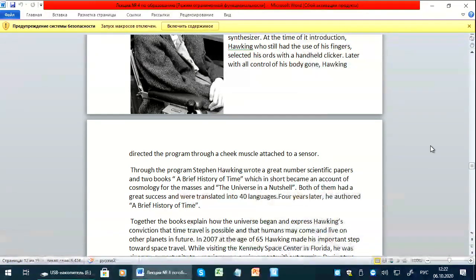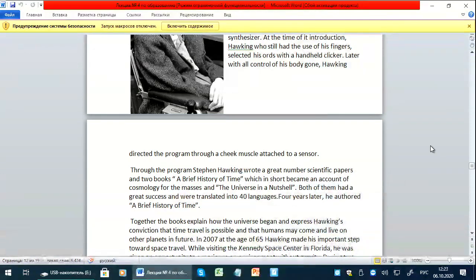The Universe in a Nutshell was also directed at simple people, understandable by those who just wanted to read the book. Both of these books had a great success and were translated into 40 languages, including the Russian language.